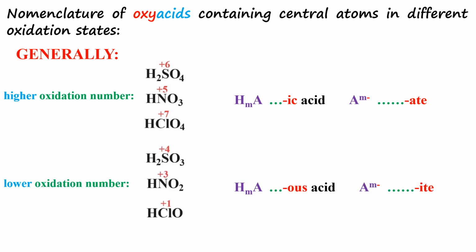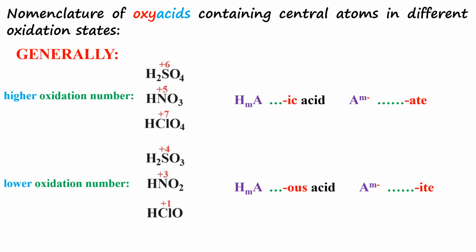In the case of acids in which the central atom is in a lower oxidation state, the rules are as follows. The beginning of the acid name is the same as for the central atoms in higher oxidation states, but we add the suffix -ous at the end. Note, we also change the suffix in the name of the anion of the acid residue.